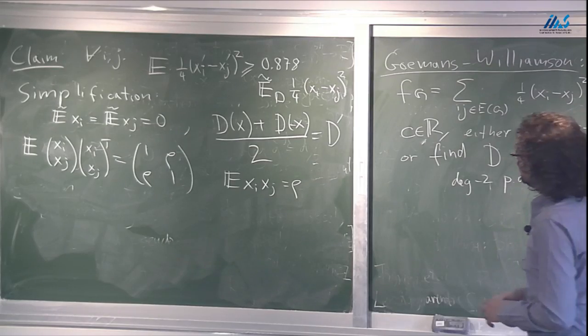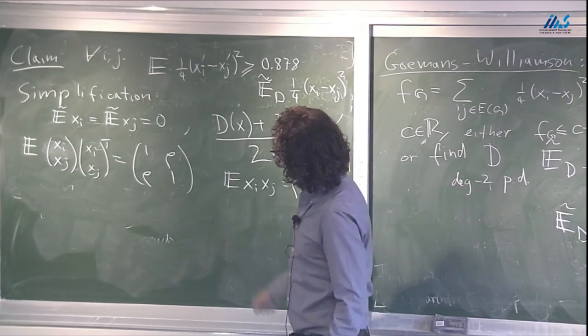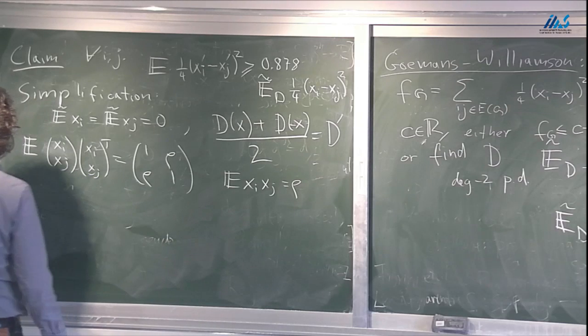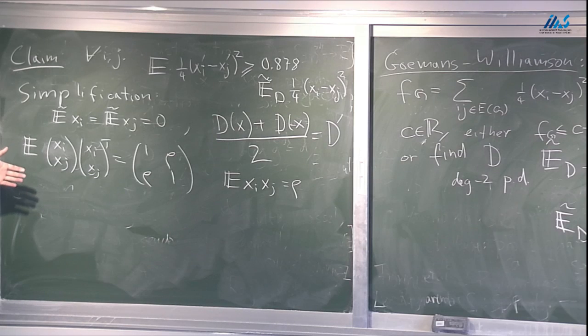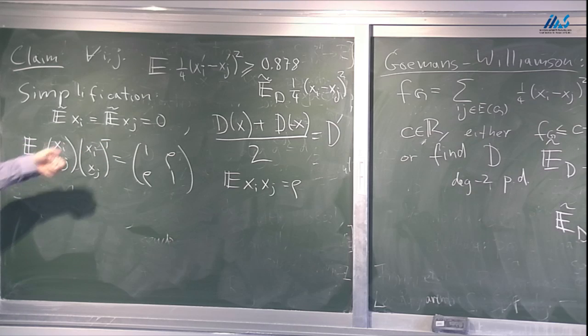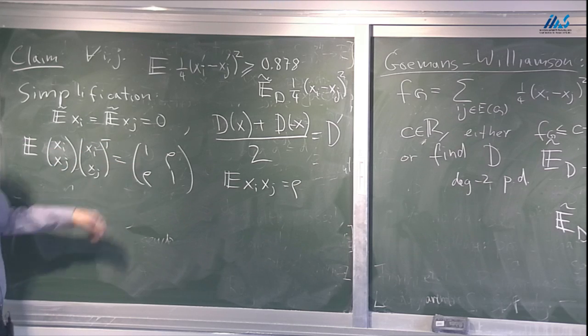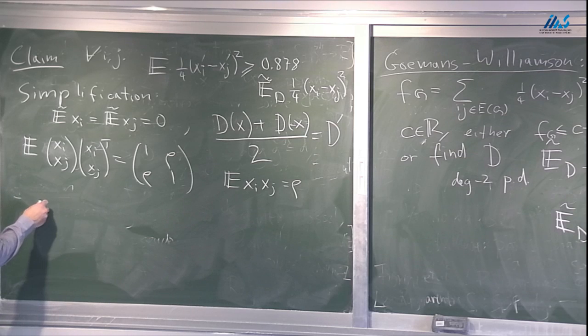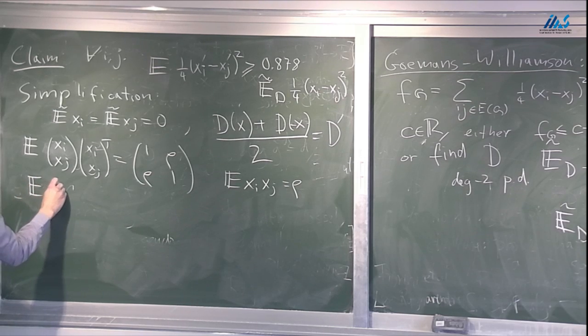Okay. And that means that now what we have is two Gaussian variables, xi and xj, and they have this covariance matrix, and have mean 0. Yeah, sorry.